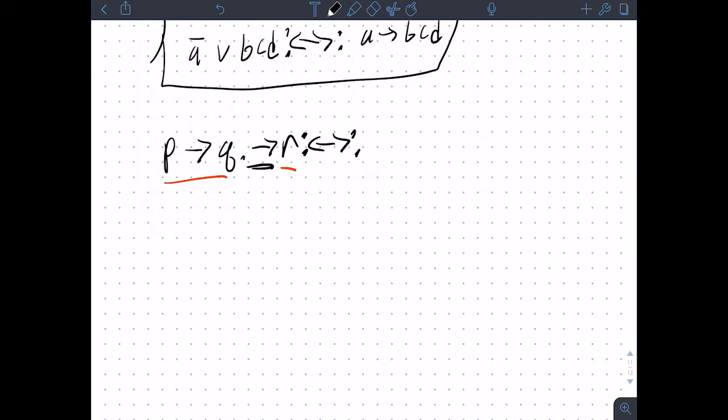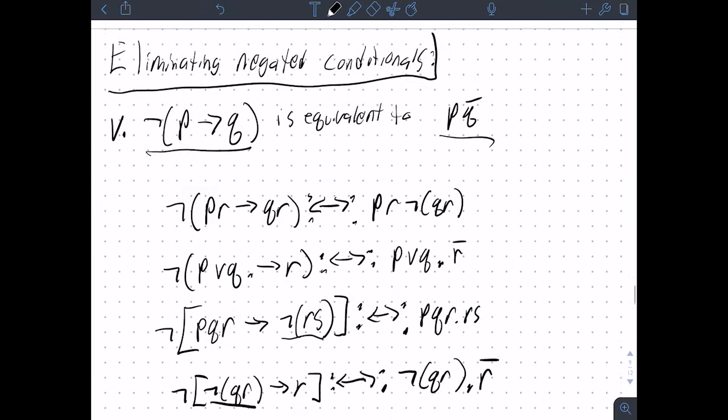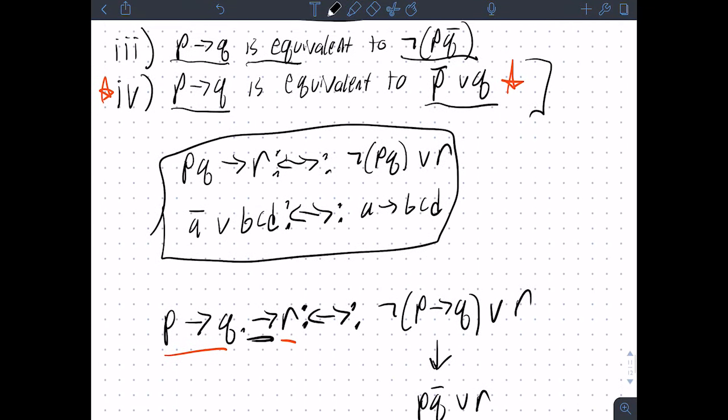So if we're turning it into an alternation, we would negate the whole first part, right, or R. And since we know some other rules at this point, if we wanted to transform this again, this is going to be equivalent to P and not Q or R, right? Yeah, in accordance with our rule for eliminating negated conditionals, which is up here, right?